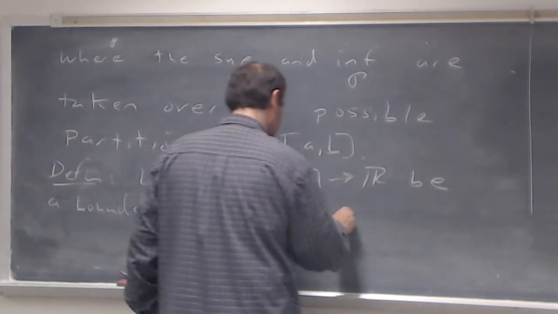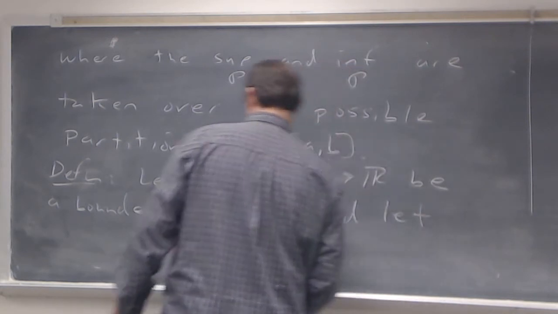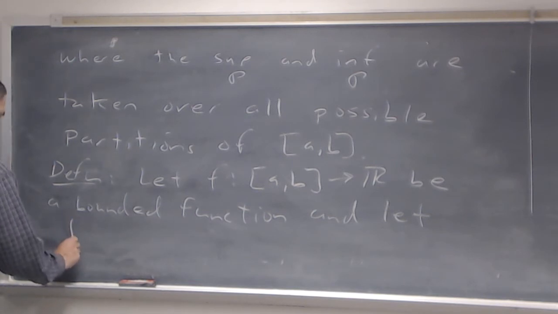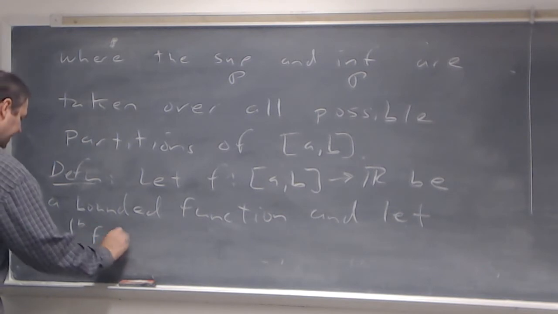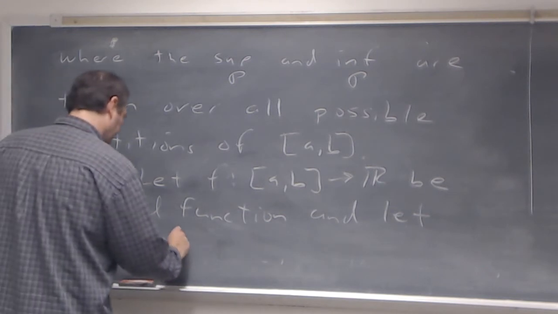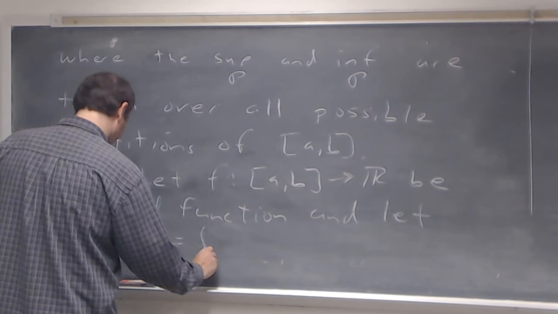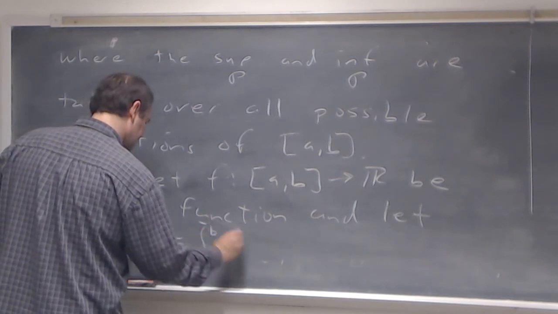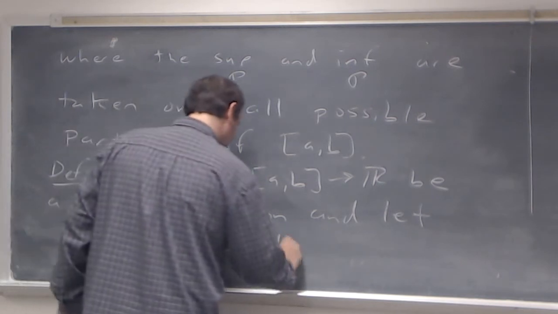And let the lower Riemann integral from A to B of f of x dx be equal to the upper Riemann integral from A to B of f of x dx.